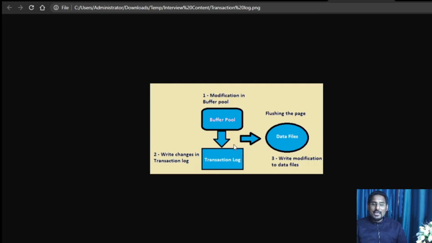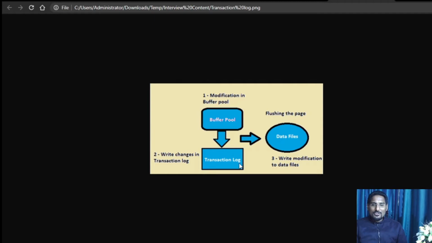Out of the buffer pool, they get stored into the transaction log file. The log cache is part of the buffer pool, and the log cache only stores logs. I'm re-emphasizing this fact so that we clearly understand it. And from the log cache, the logs move to the transaction log file.